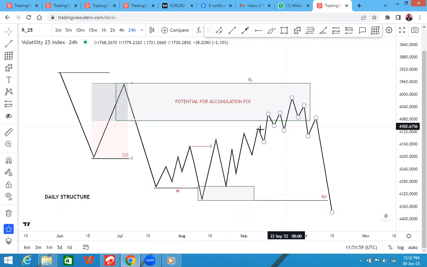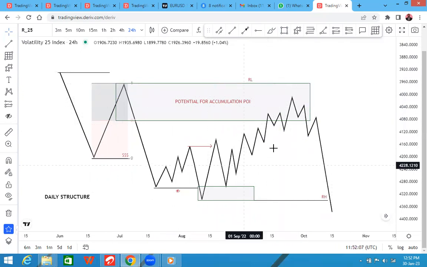And then from the 50%, you now want to start looking for lower time frame evidence to take price downward, because you know by structure we are bearish. So you still want to keep here as a potential area for redistribution, and then you want to take price downward.